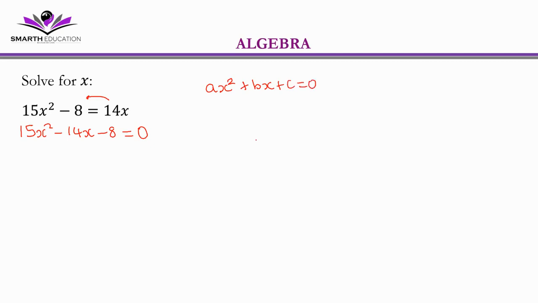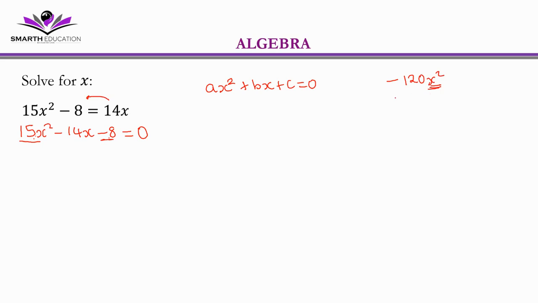Right, I'm going to show you two methods here. The first one, we multiply our first term and the constant. That becomes 15x squared times negative 8, which is negative 120x squared. We can just ignore this and deal with the numbers only. So let's talk about negative 120.